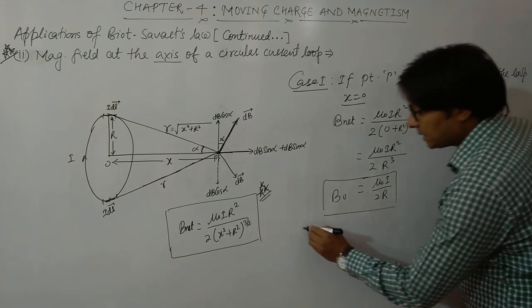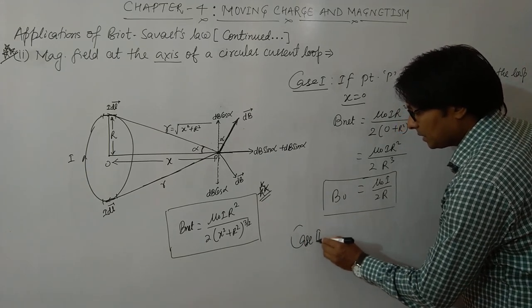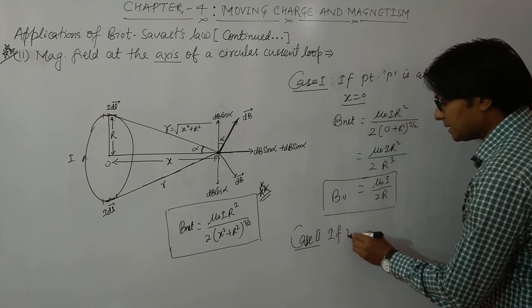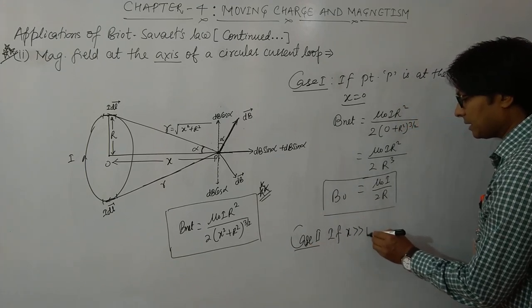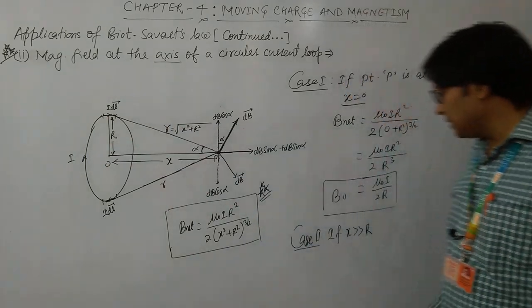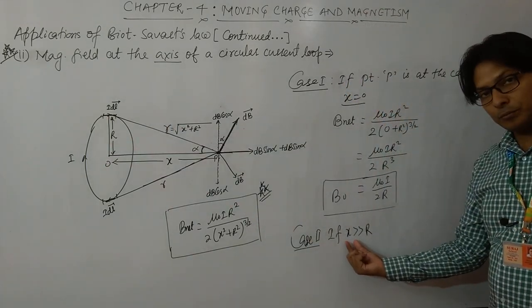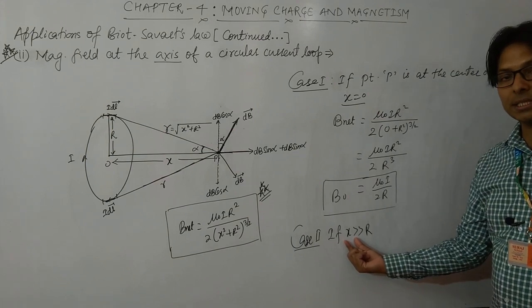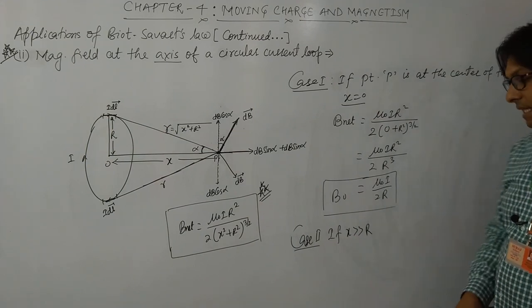and this case second is if x is very much greater than capital R, meaning the radius of the circular loop is very small and the position of this point on the axis is far away from its center.